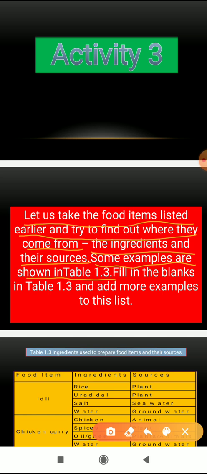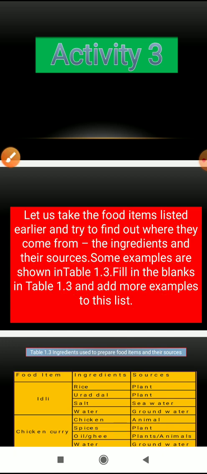Now you have to fill in the blanks in table 1.3 and add more examples to this list. The third column, sources, is empty. You have to find out the sources and complete it.